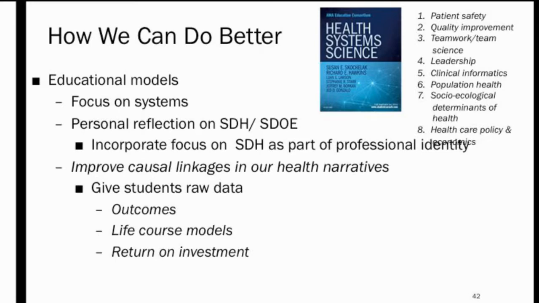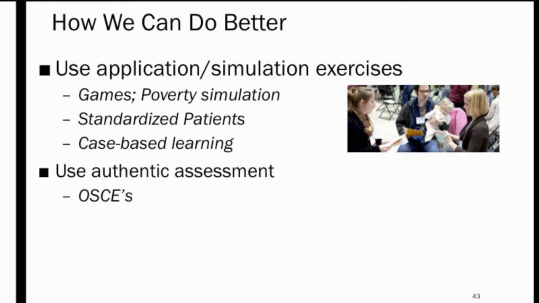We need to improve the causal linkages in how we understand health and disease. We need to teach probably in some different ways, so there are games related to the social determinants of health. This is a picture of something called a poverty simulation. It's a half-day experience where students are assigned roles.